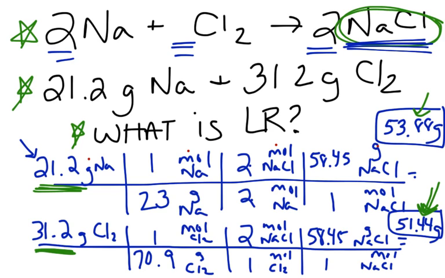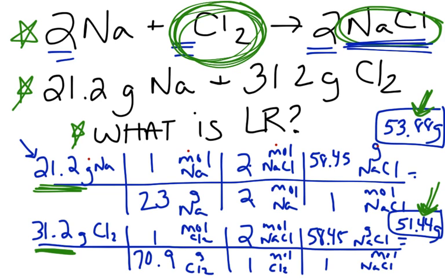This is a lower number than this one. So whichever one produces the least amount is my limiting reactant. So the answer to this question would be chlorine. The limiting reactant here is Cl2. It's not the lower number I started with, but it produces the least amount.